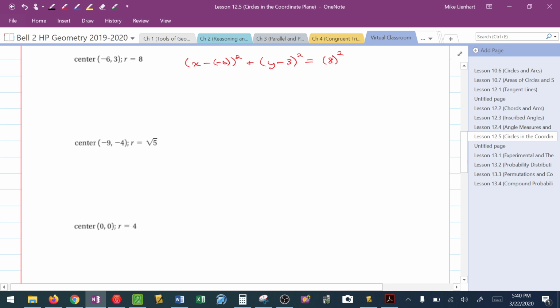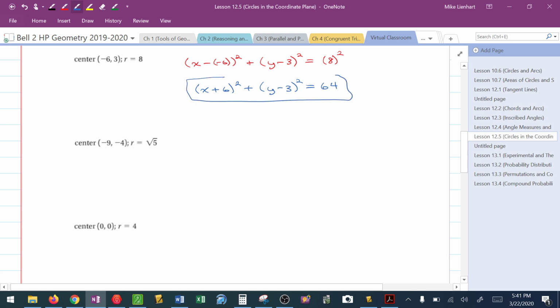Remember, we need the radius squared. So if they give you a diameter, cut it in half and then square it. All right. But if I clean this up, I have (x + 6)² + (y - 3)² = 64.